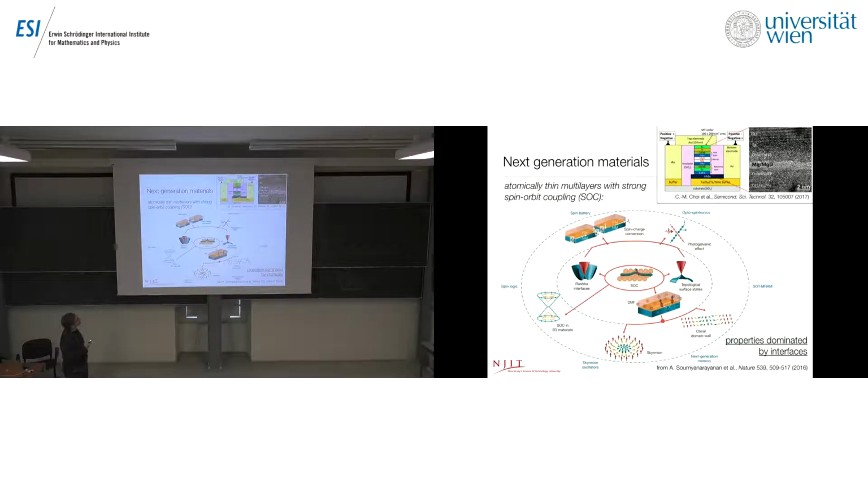Let me just say in a nutshell what this is about. This nanopillar has two important layers, which is this ferromagnetic layer, which is called the free layer, and this other ferromagnetic layer, which is called the reference layer. So the reference layer exists in a fixed magnetization configuration, while the free layer can switch its magnetization state from one magnetization to the opposite magnetization.